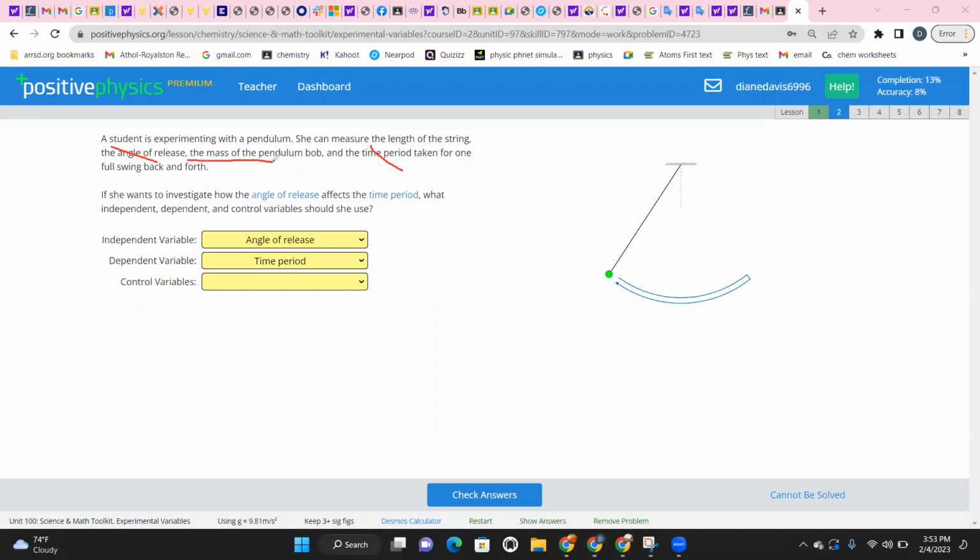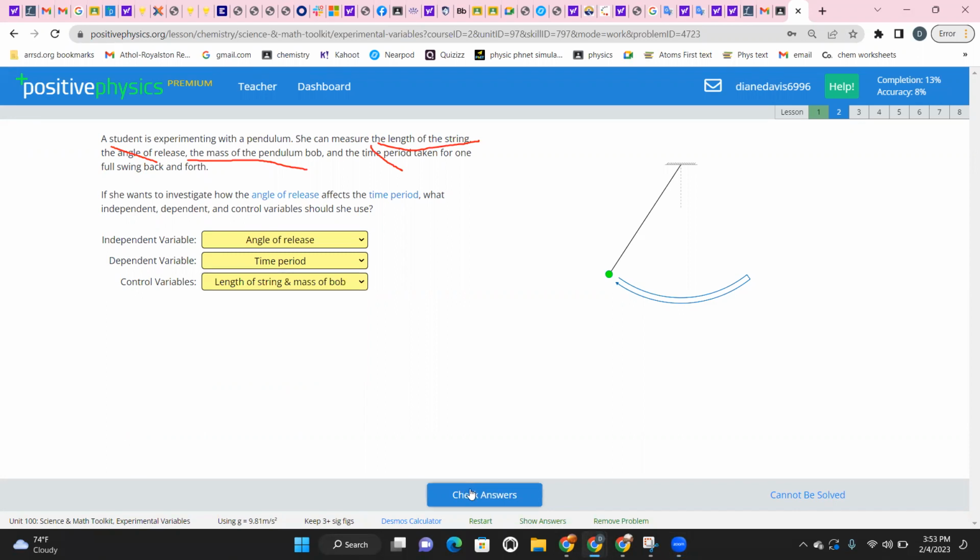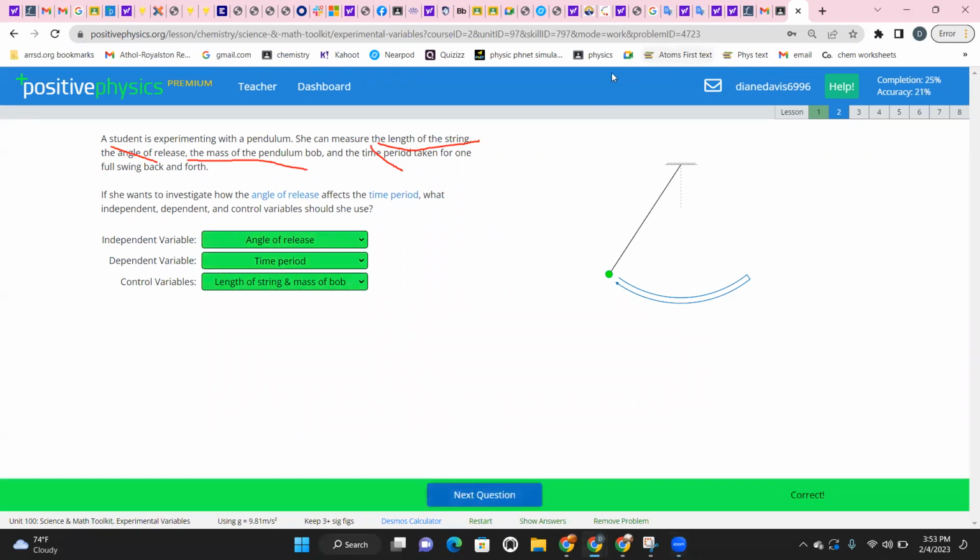So the control ones must be the mass of the pendulum bob and the length of the string. So that's this one here. And then we check it. And those are correct. Okay, let's do one more.